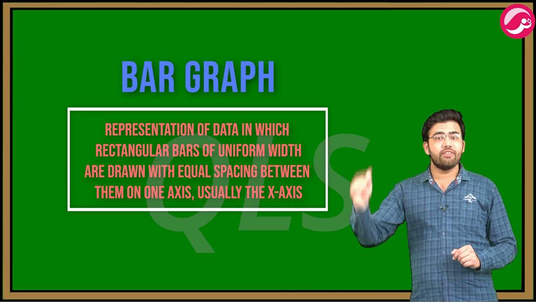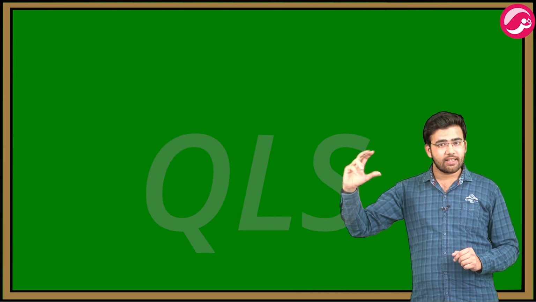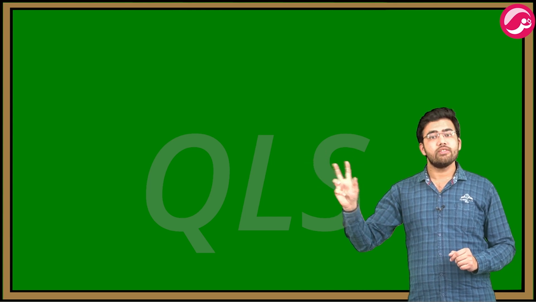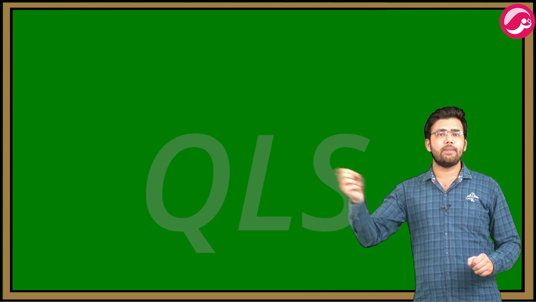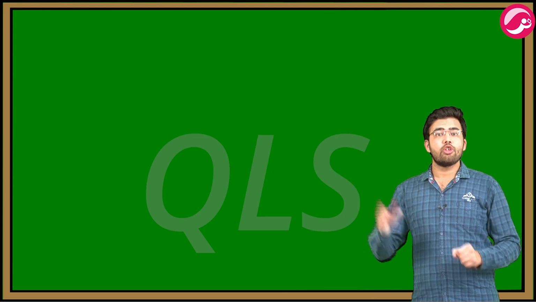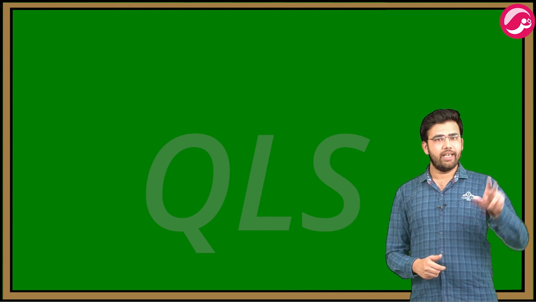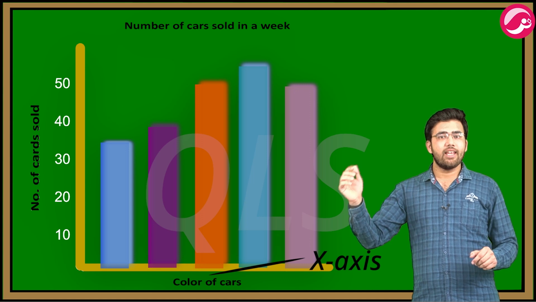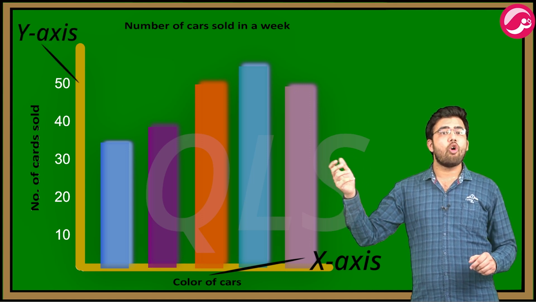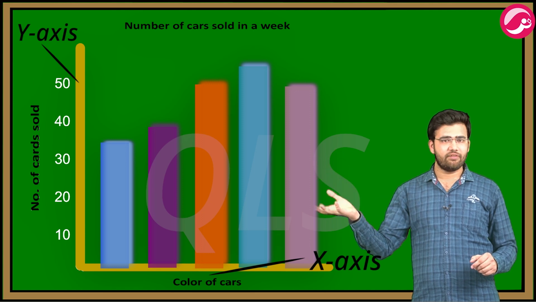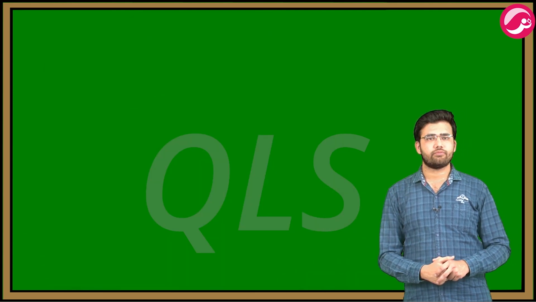The height of the bars are proportional to the values they represent. For example, the bar graph here represents the number of cars sold in a week. Here the x-axis represents the color of the cars, while the y-axis represents the number of cars sold. As you can see in the given figure, you can clearly see.